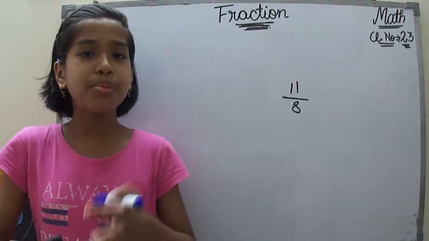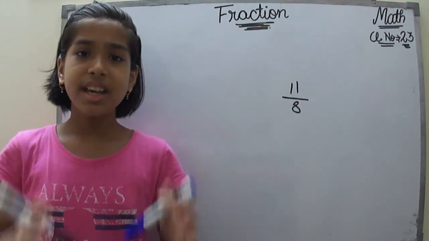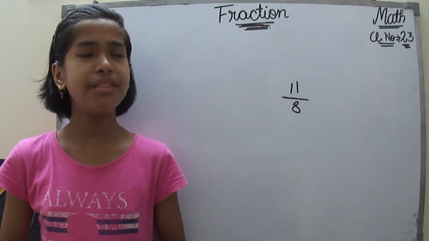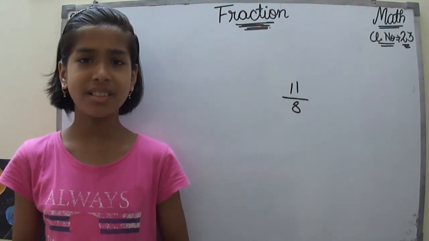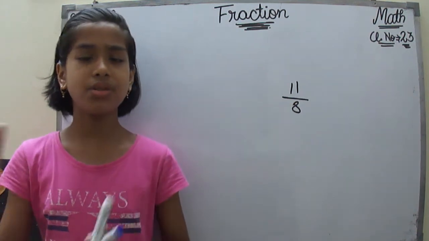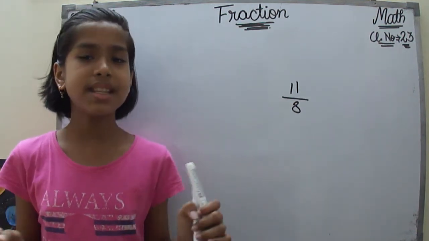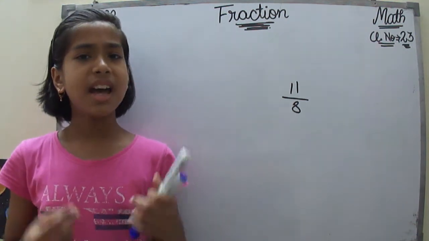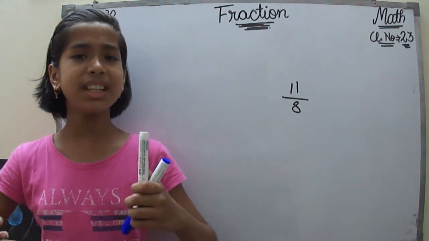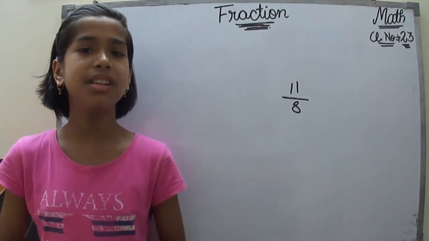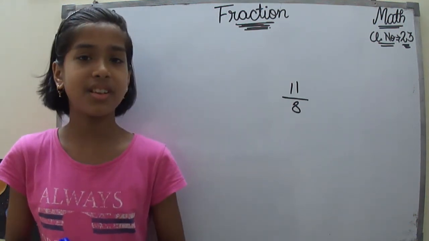How can it be possible to have 11 parts of an 8-part whole? If there is a pizza divided into 8 slices, how can we take 11 of them if there are only 8 slices?